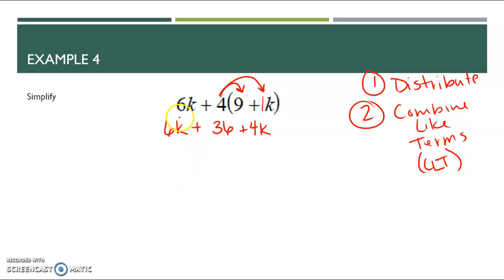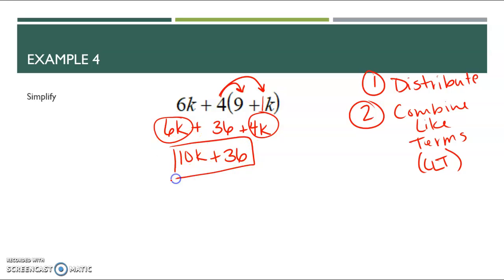All right, so my like terms, I have k's, right? 6k and 4k. So we're going to do 6 plus 4, which is 10. So we have 10k plus, and then 36 is the only constant term, so it just stays 36. So we end up with 10k plus 36, and that is our final answer for that one.